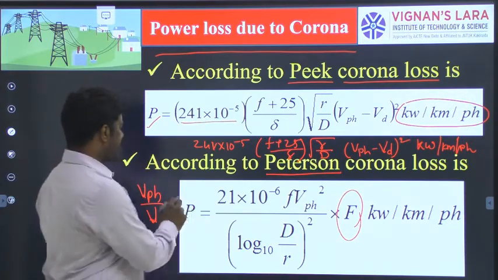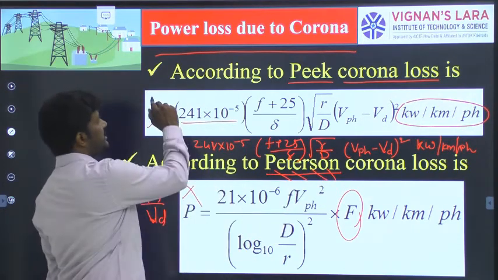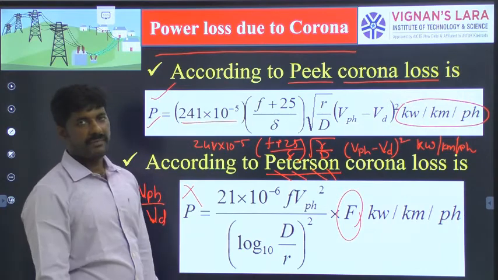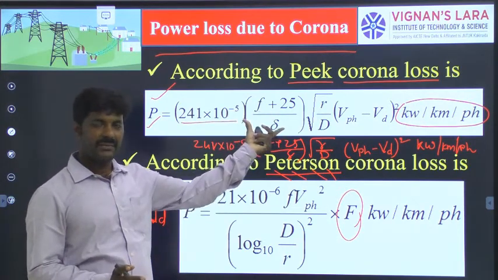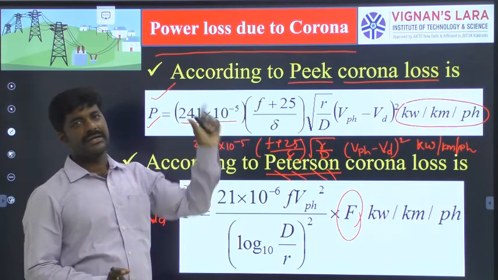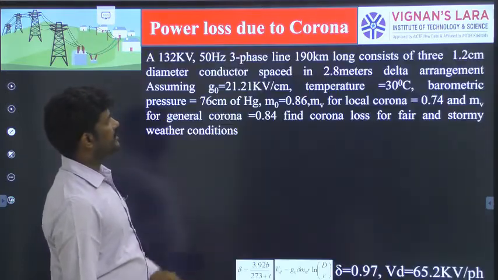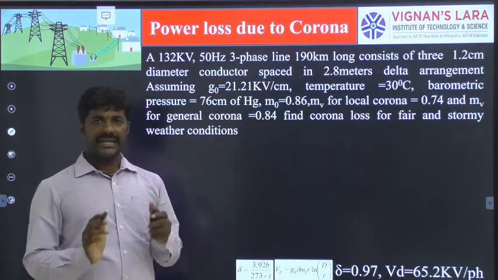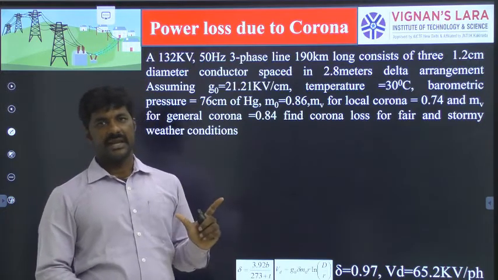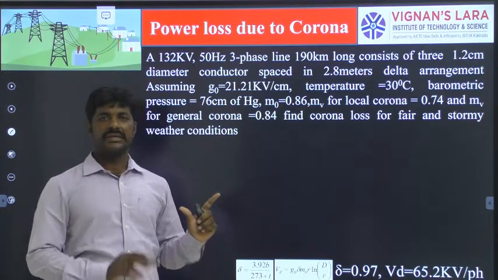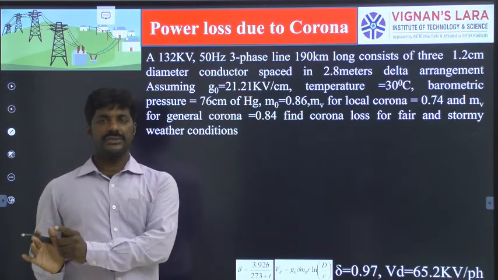In general it is not frequently used, whereas Peek's formula is used frequently because it is nearer to our real-time applications, even though it is an empirical formula. So this is about the power loss. In today's class we have seen the formulas and how to calculate the disruptive critical voltage, visual critical voltage, and power loss due to corona.